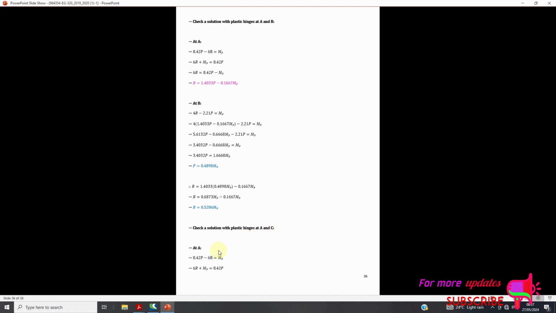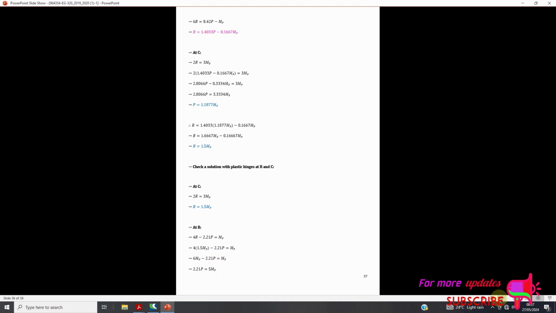Check the solution with the plastic hinge at A. Now you get that R is equal to 1.4P minus 0.167 MP. At C you get that 2R is equal to 3 MP. Therefore, P is equal to 1.18677 MP. Now you substitute R and MP in this equation. You get that R is equal to 1.5 MP.